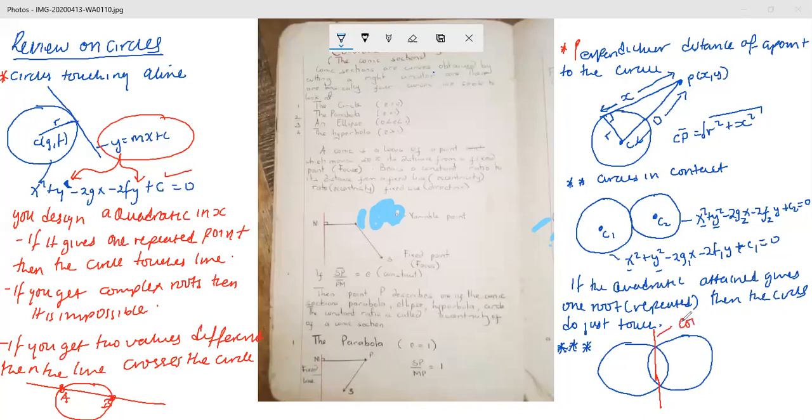You use the same procedure as before, solving simultaneously, and in that case you'll get two different points, A and B. Those 2 points would mean the circles intersect. Their common chord is just a matter of subtracting equation 2 from equation 1, which gives the equation of the common chord.